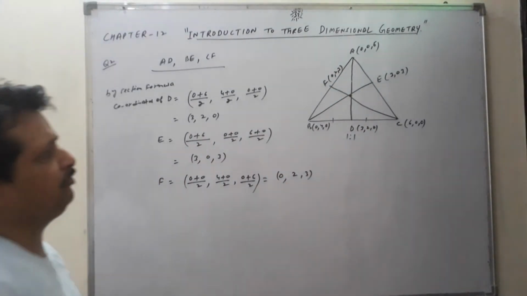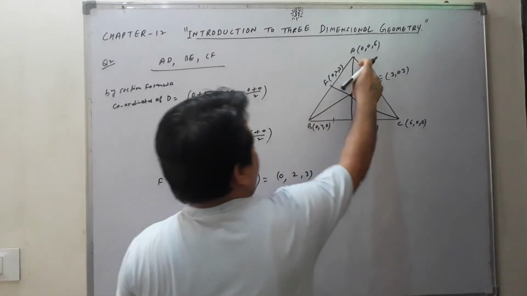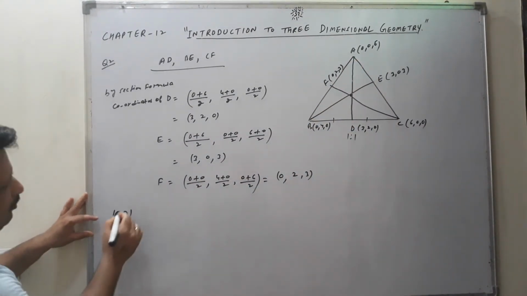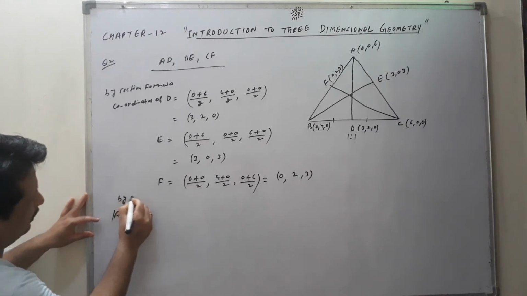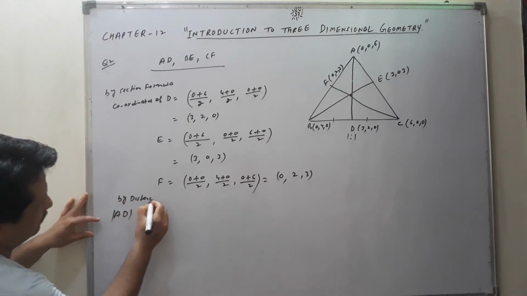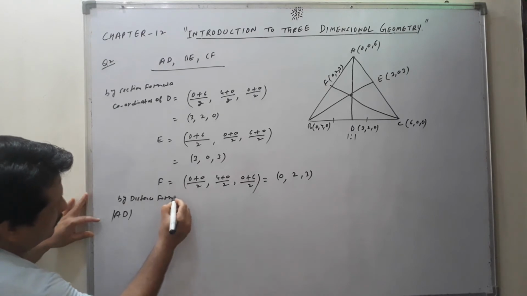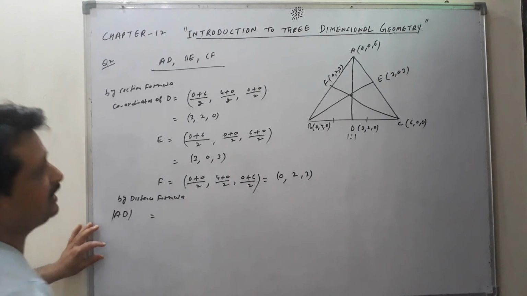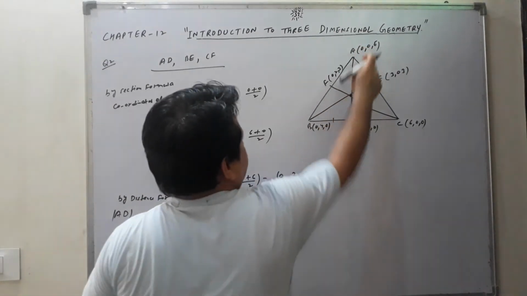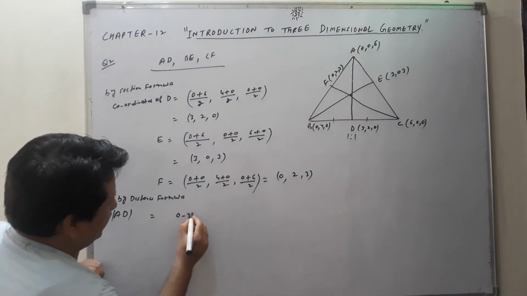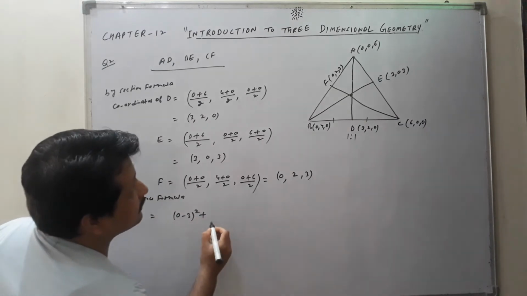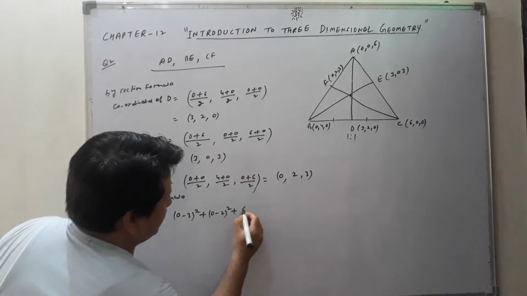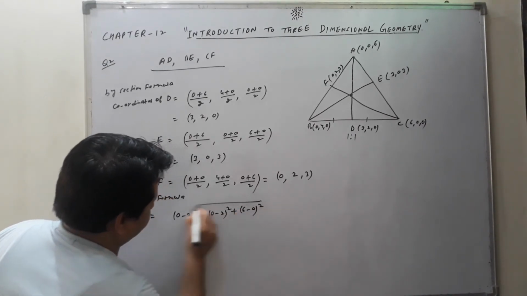Now students, we have to find out the length of AD. How will we find the length of AD? By the distance formula. How will it come? 0 minus 3 its whole square plus 0 minus 2 its whole square plus 6 minus 0 its whole square.